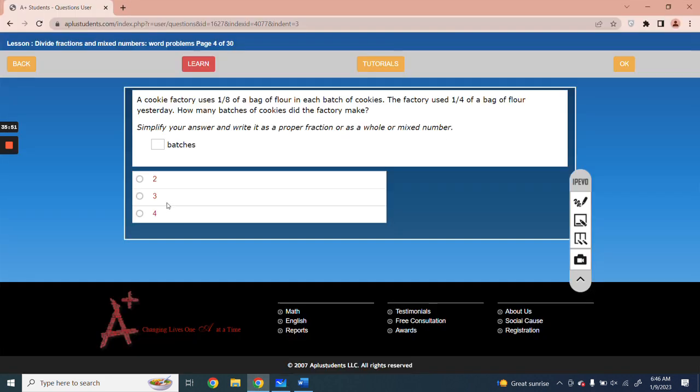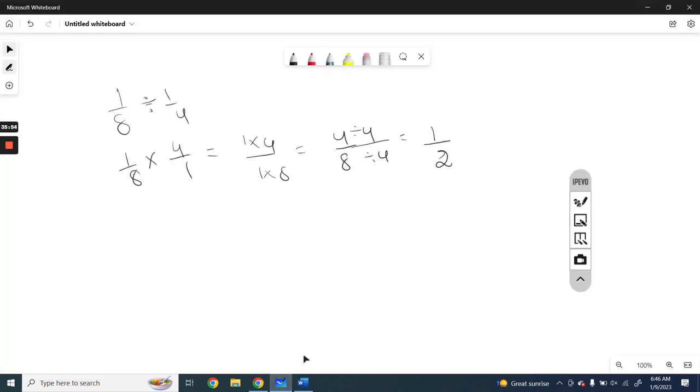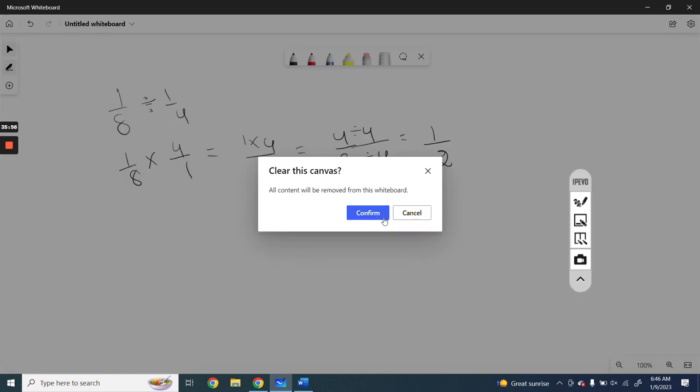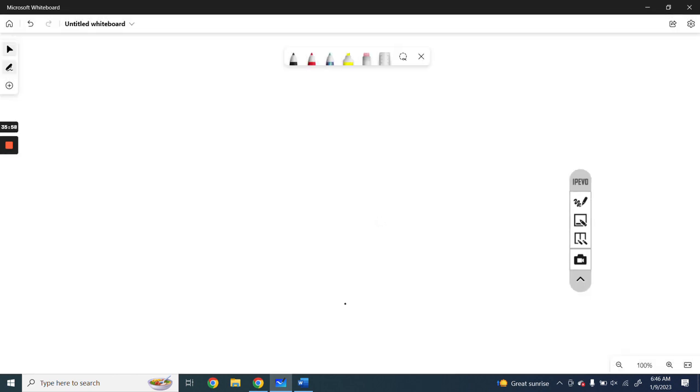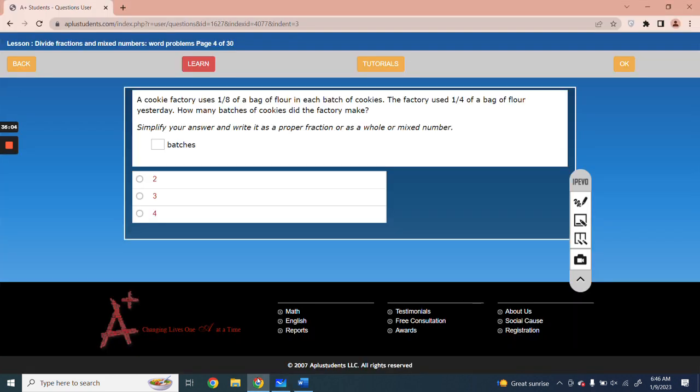So the correct option is, you have to wait. You have to divide 1/4 by 1 over 8, not 1/8 by 1 over 4, because let me just read the question again. A cookie factory uses 1/8 of a bag of flour for each batch of cookies. So in total they used 1/4 of flour. So you have to see how many batches. So you have to divide 1 over 4 by 1 over 8.